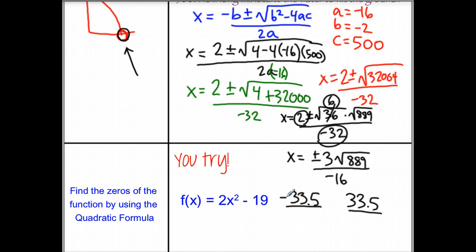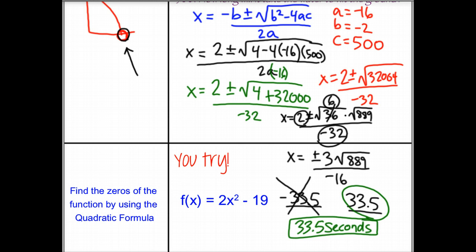The answer that we are going to ignore is the negative because that just doesn't make sense. So our answer is 33.5, but remember that we're talking about seconds. So it's going to take them 33.5 seconds. That's how long the water's going to be in the air.